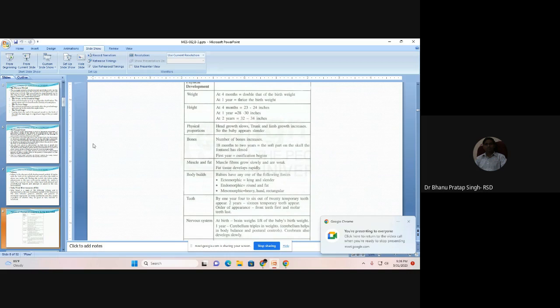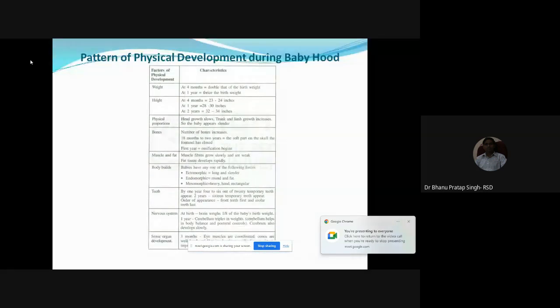So this is the chart showing different physical development and what the characteristics are. And I was discussing that if the child is 4 months, then the weight should be double within the 4 months.